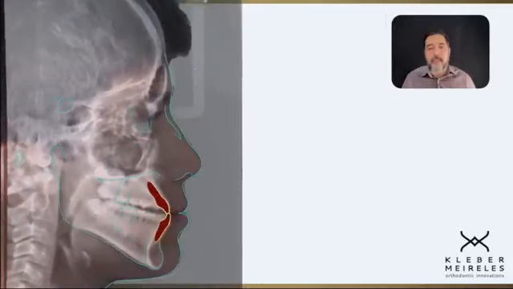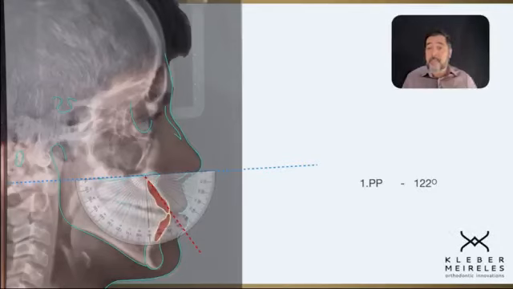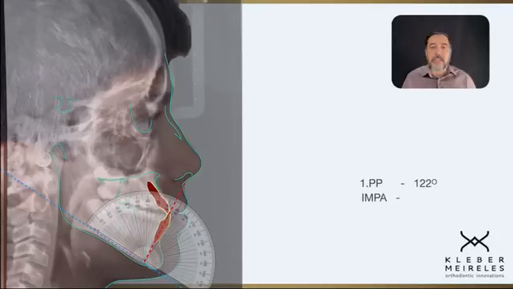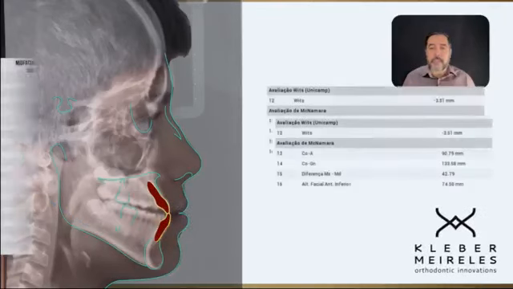In this case, we did this type of treatment using class 3 elastics since day one, since bonding brackets. And here you see the inclination of upper and lower anterior teeth.